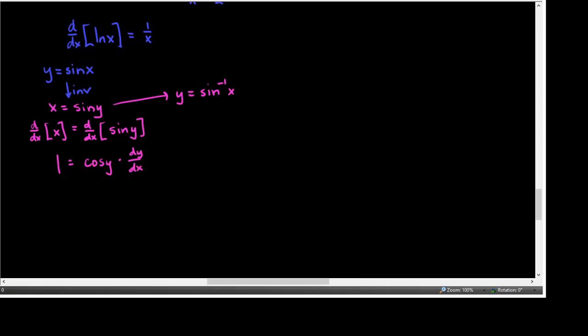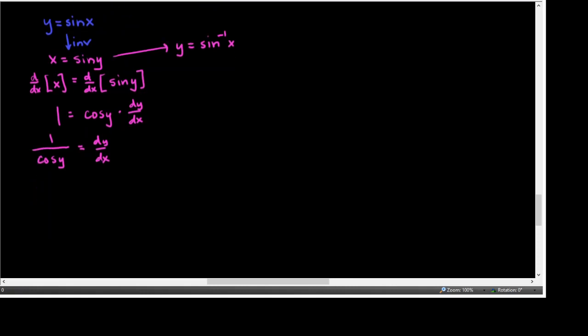Now to solve for dy dx, you could divide both sides by cosine y to get dy dx by itself. Now typically we want our derivatives to be in terms of x if we're taking the derivative with respect to x. So this 1 over cosine y, although not incorrect, is not where I want to stop. I want to get rid of that cosine of y.